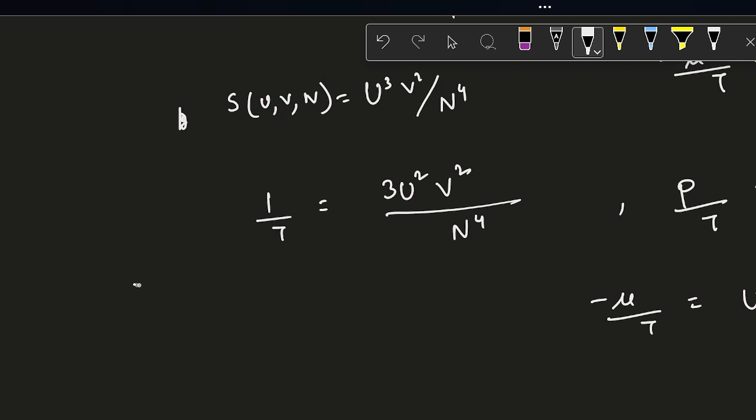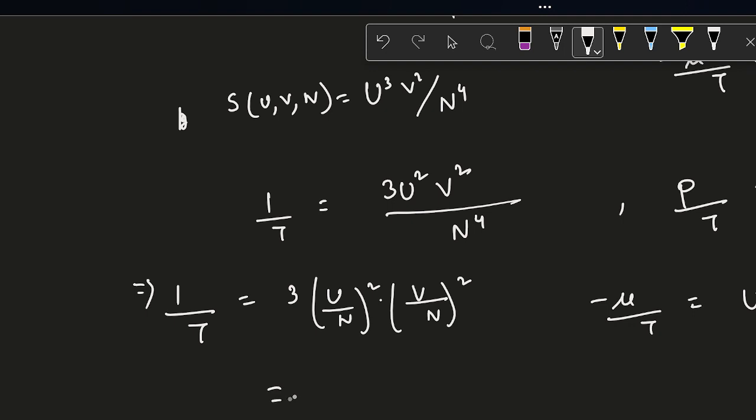Same things can be done also for these cases where 1 by t was expressed in terms of capital U, V and n. So we shift the variable to small u and v. So it is again (u by n) whole square. You divide this n to the power 4 into two parts, n squared and n squared. So you get 3 small u square small v square is equal to 1 by t.